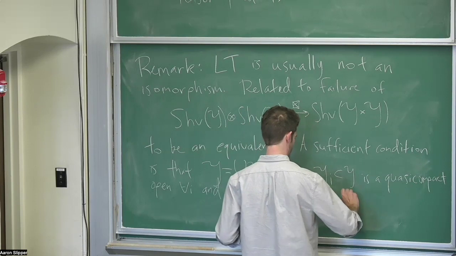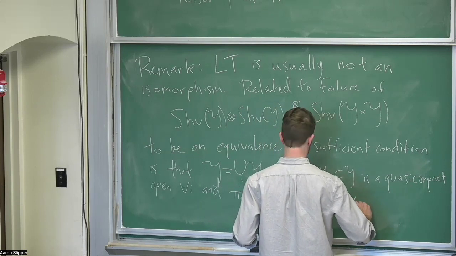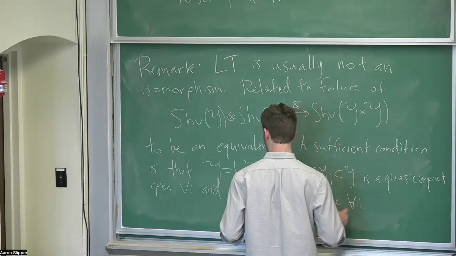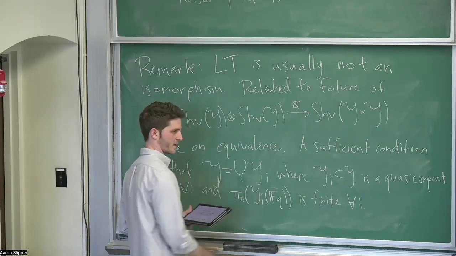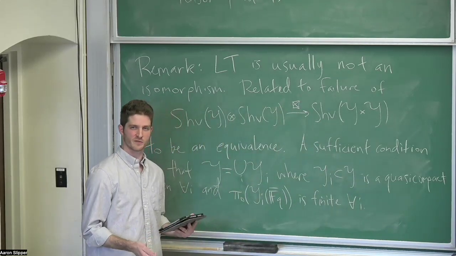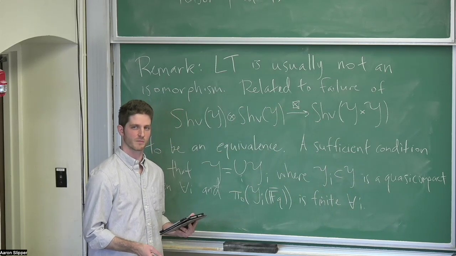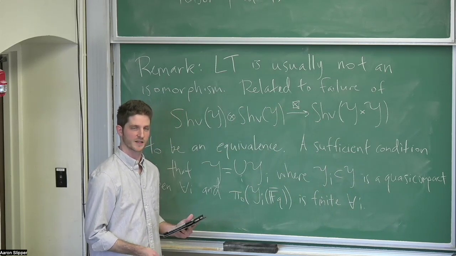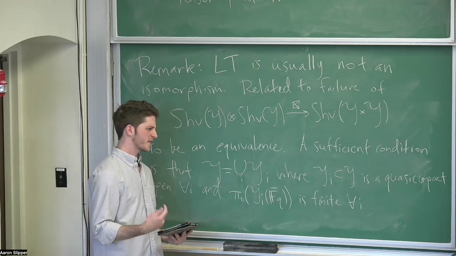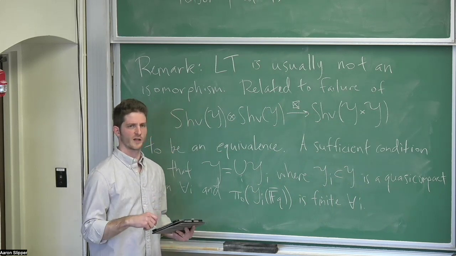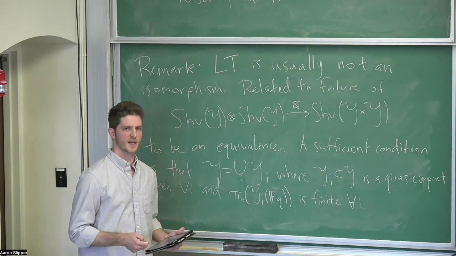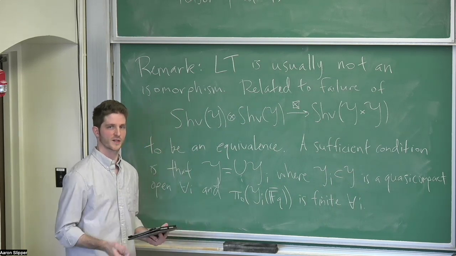This is a very strong condition. This is the kind of thing that can really only happen for a stack and not so much for a scheme, unless the scheme is a finite set or something. I'm talking about something like a flag variety modulo the action of the group on the other side, where that's finitely many geometry.